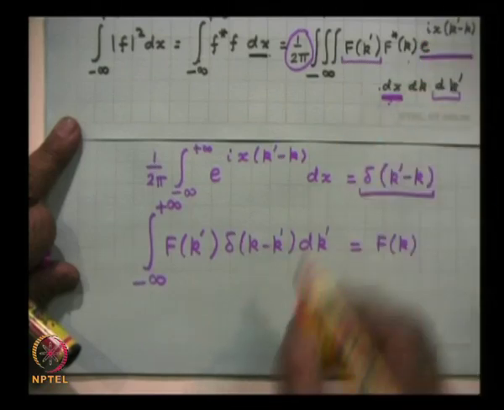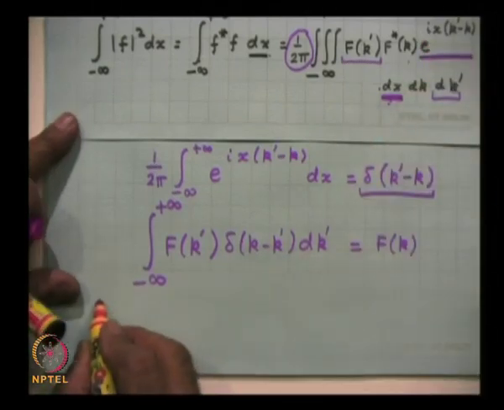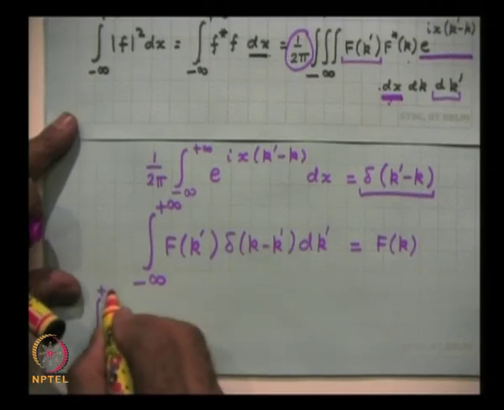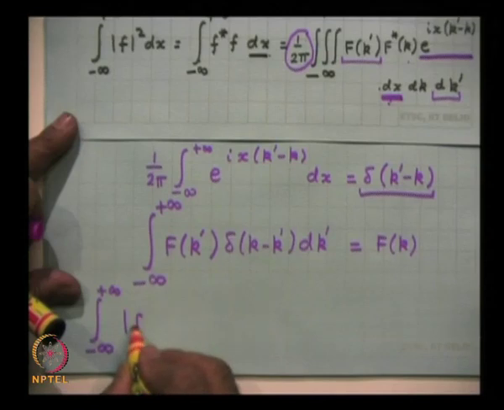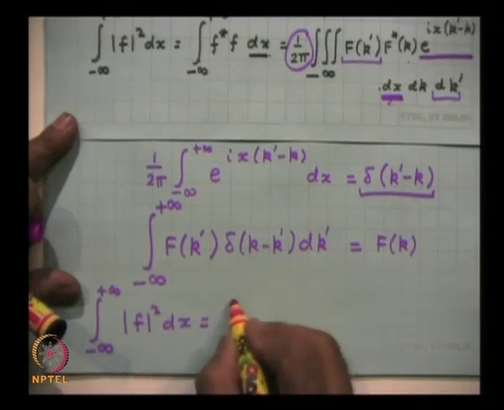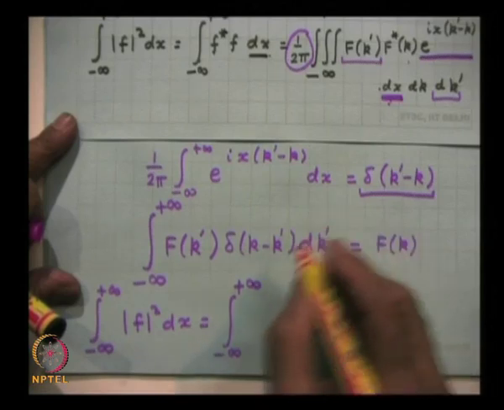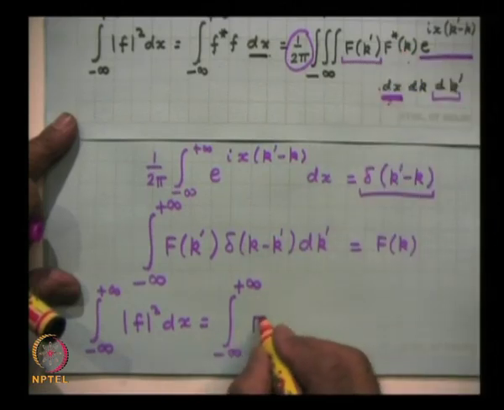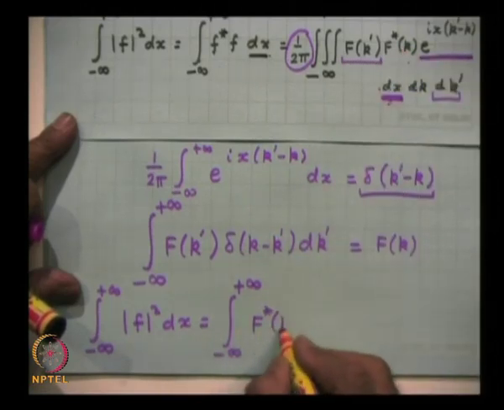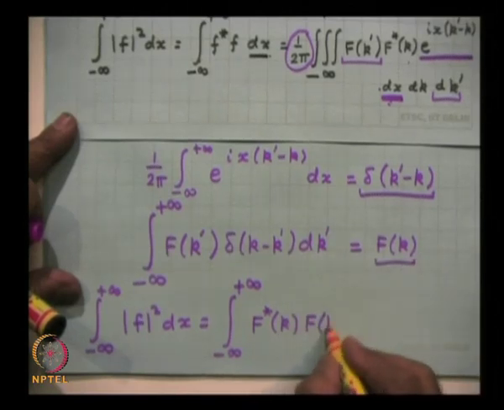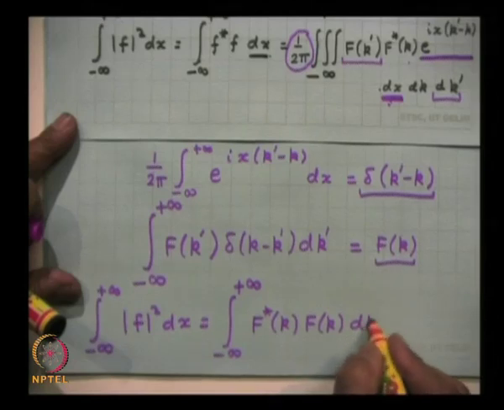So, I substitute it here and I get the relation that the integral from minus infinity to plus infinity of mod f square dx is equal to the integral from minus infinity to plus infinity of f star of k multiplied by f of k multiplied by dk.